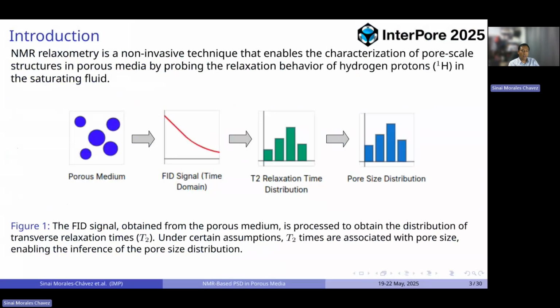This signal contains valuable information about the transverse relaxation times, commonly referred to as T2. Under some assumptions, such as uniform and dominant surface relaxivity and negligible diffusion coupling, T2 values can be correlated to the pore sizes. This forms the basis for using NMR data to infer the pore size distribution, or PSD.